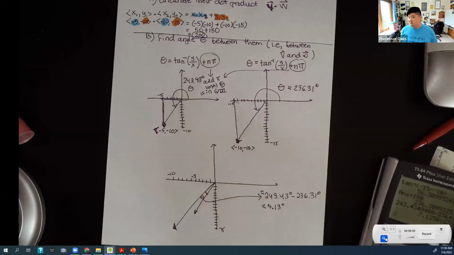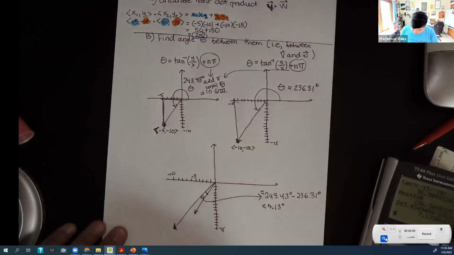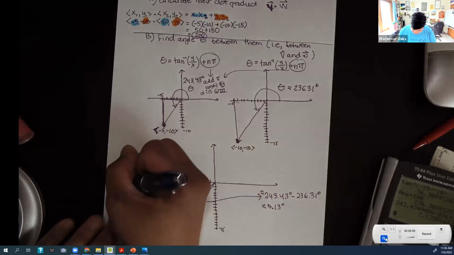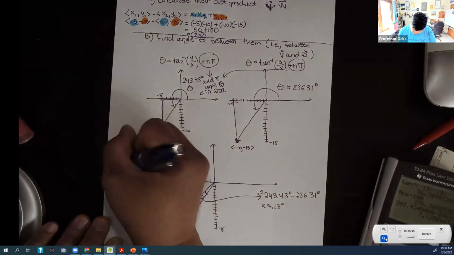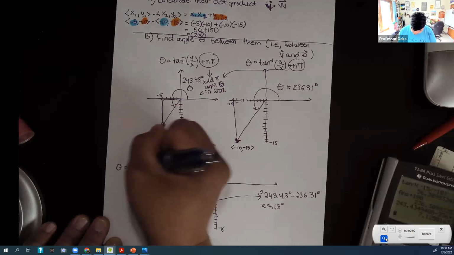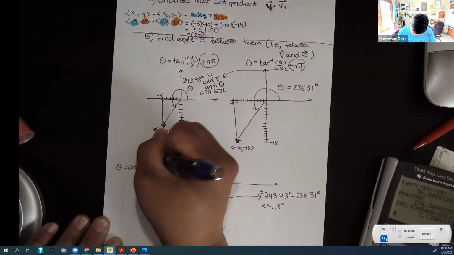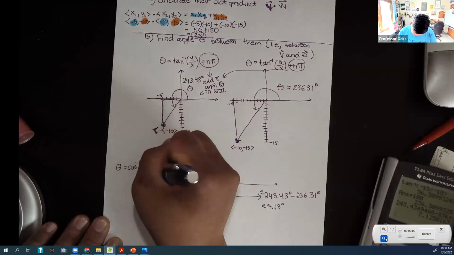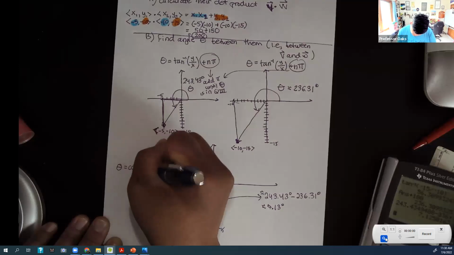You could do that, but another way of doing this is that this theta right here is cosine inverse of v dot w over the magnitude of v times the magnitude of w.